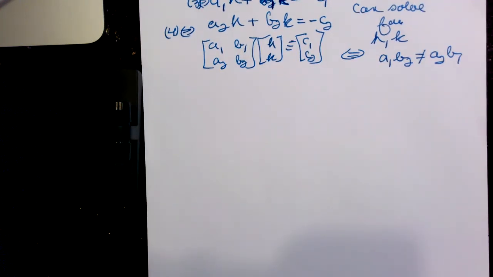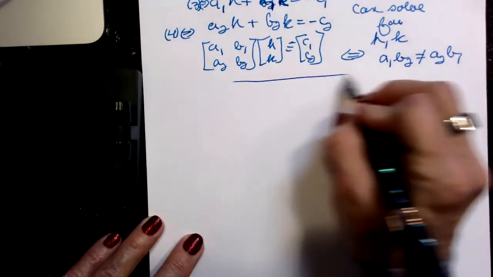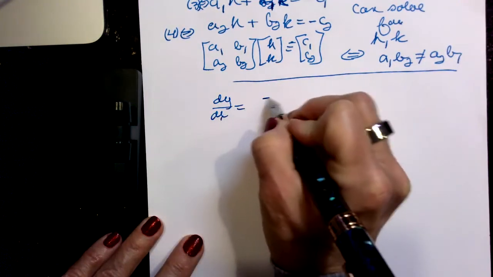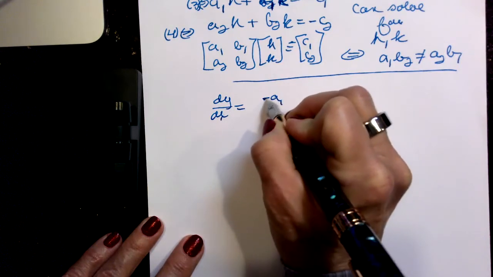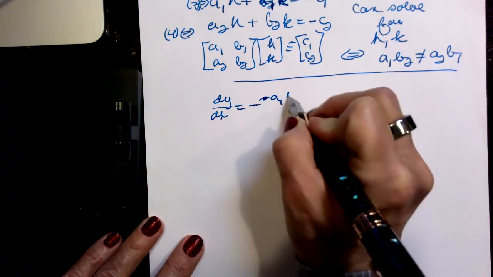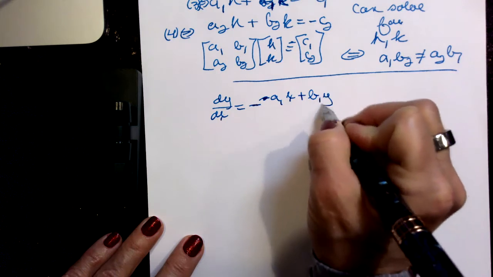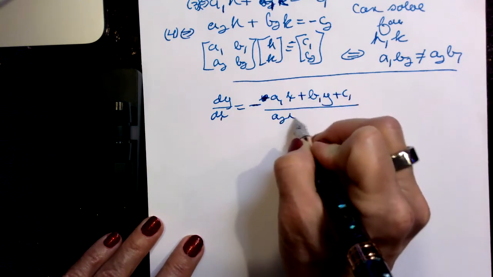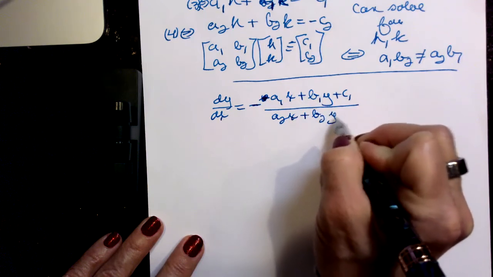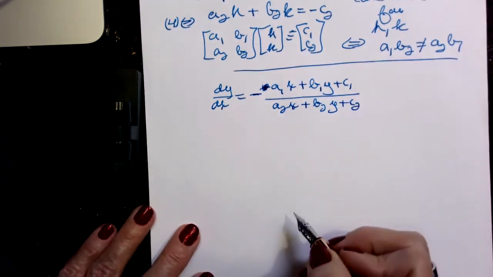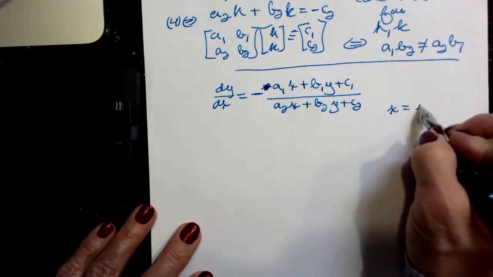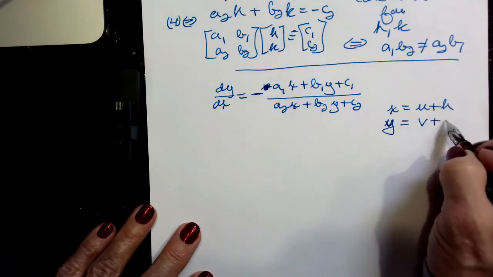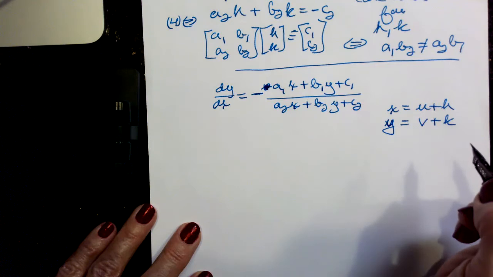our original equation, which remember, it's been a few sheets since we've seen that, said dy dx is minus a1x plus b1y plus c1 over a2x plus b2y plus c2. Okay, and remember that x is u plus h and y is v plus k, and h and k are constants.